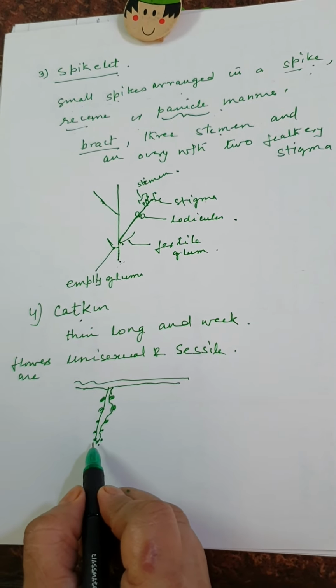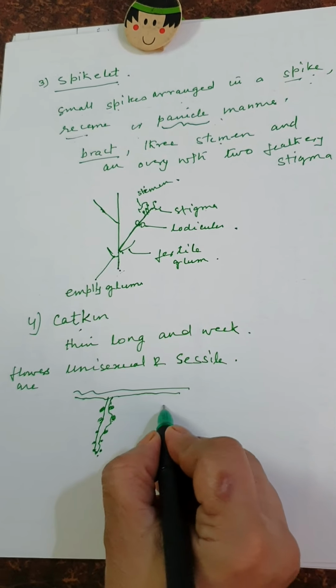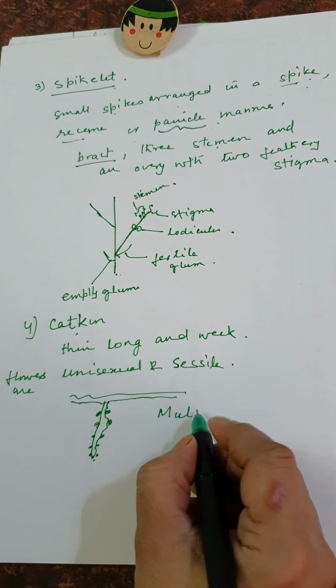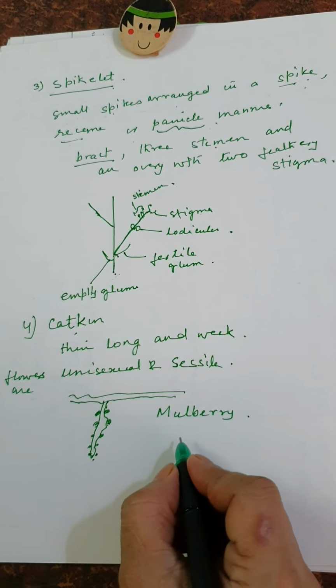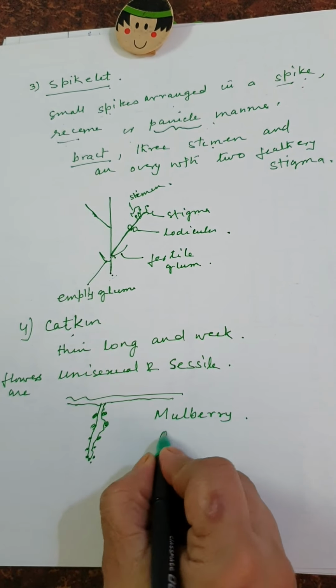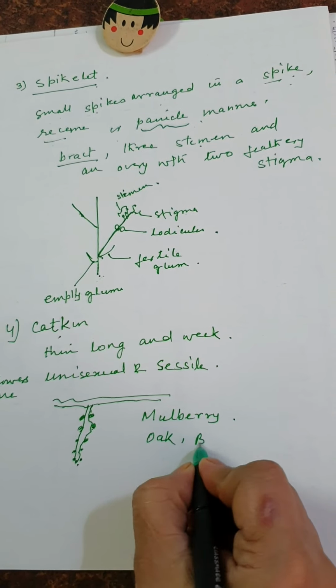These flowers are unisexual. Examples are mulberry, betula and oak.